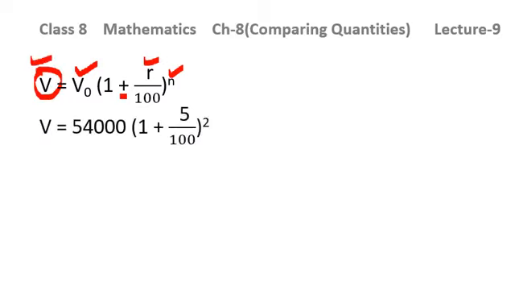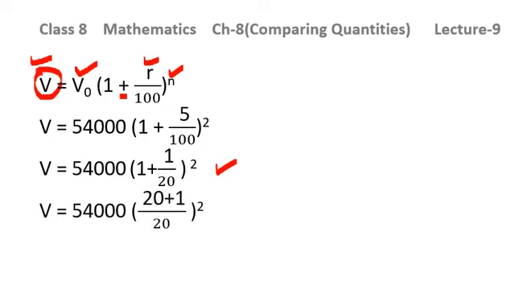So V naught is 54,000 into 1 plus 5 over 100 raised to the power 2. Then after cancelling out, you will be getting this 1 over 20. 5 over 100 will be cancelled and it will be 1 over 20. So V is equal to 54,000 bracket 1 plus 1 over 20 raised to the power 2. Now after taking the LCM in the bracket, you will be getting the equation like this.